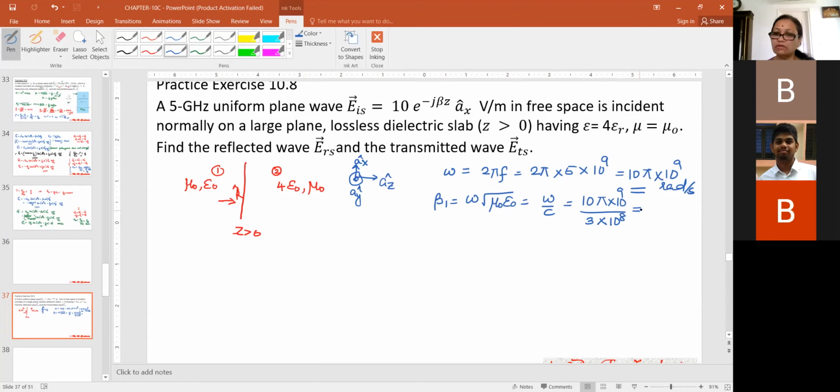So beta 1 is in radians per meter. Or if we write it in a better form, it will be 100 pi by 3 radians per meter.